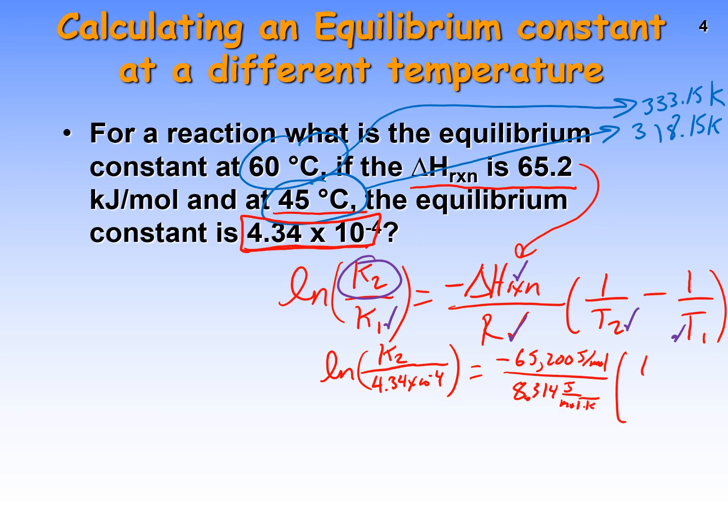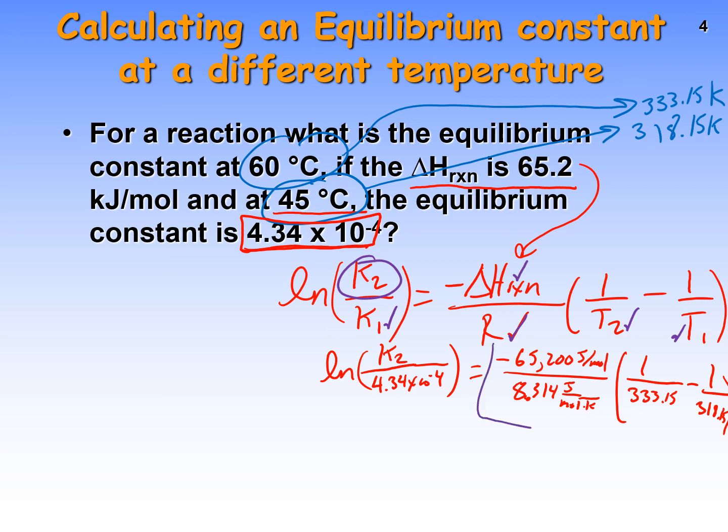And then that's 1 over the 60 degrees because that's what we're trying to find it at, right? So 1 over 333.15 minus 1 over 318.15.